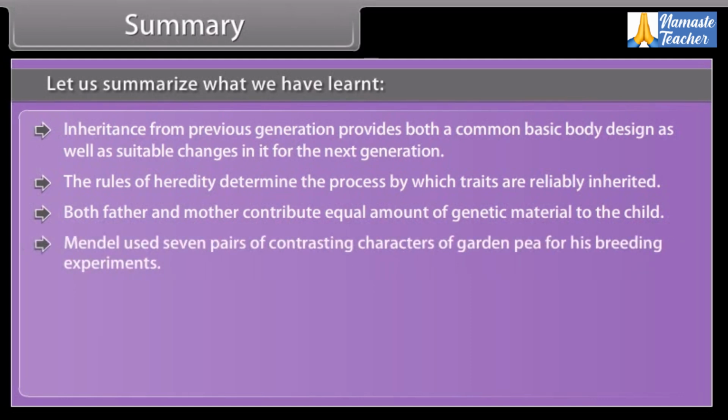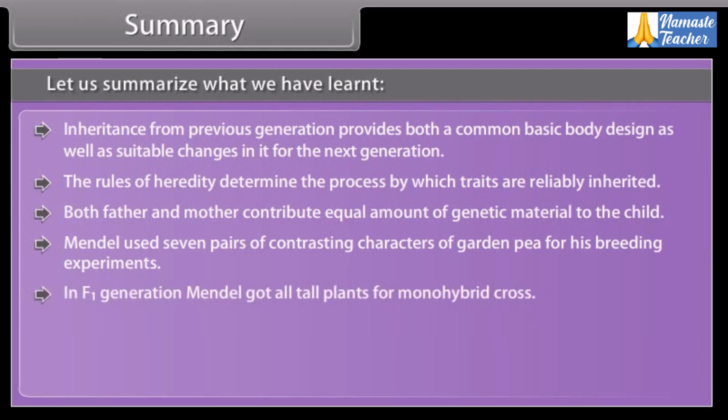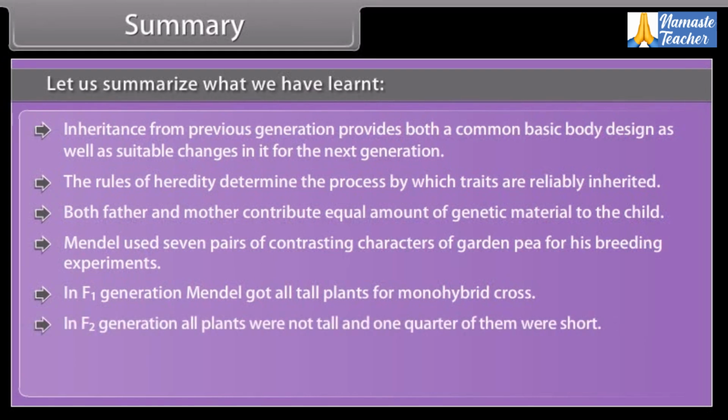Mendel used 7 pairs of contrasting characters of the garden pea for his breeding experiments. In the F1 generation, Mendel got all tall plants for the monohybrid cross. In the F2 generation, all plants were not tall, and 1/4 of them were short.